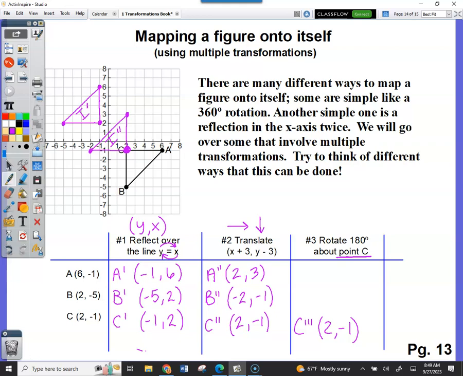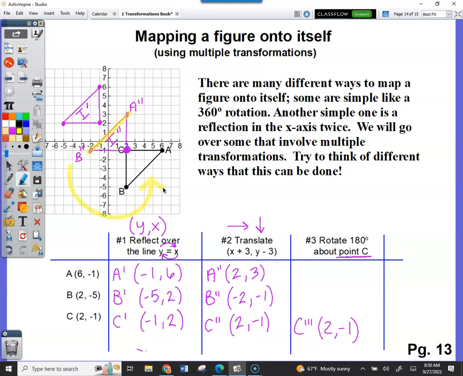Now, A double prime, watch this, is 2, 3. So this is A double prime, and this is B double prime. Now, visualize, y'all. Use your head and imagine those Desmos activities where it rotates for you. Imagine if I could pick this up and turn it this way.